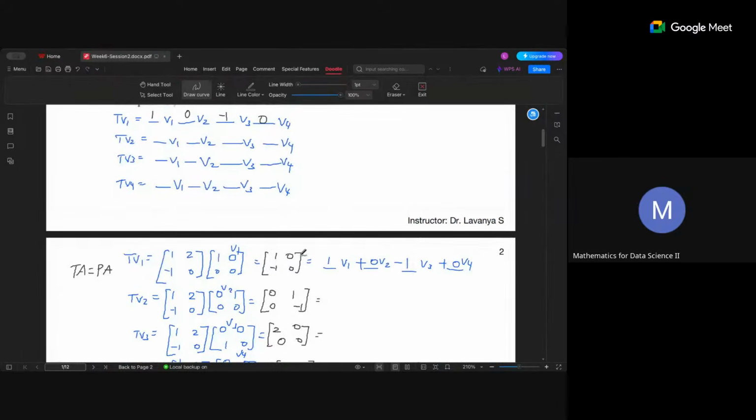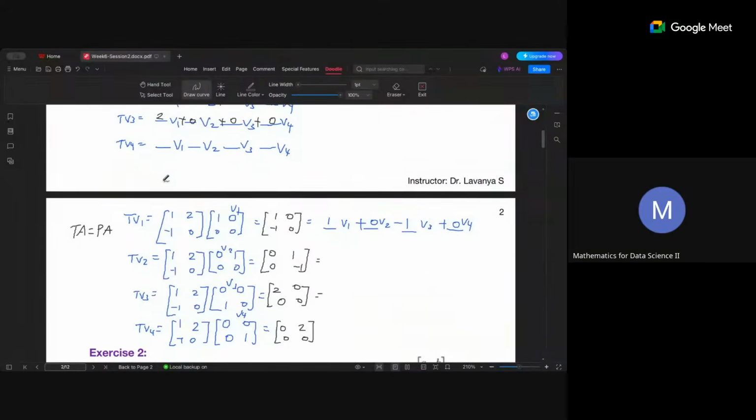So now let's write the coefficients quickly. The second one, the coefficients are 0, 1, 0, minus 1. Right? And then here 2, 0, 0, 0. And here 0, 2, 0, 0.